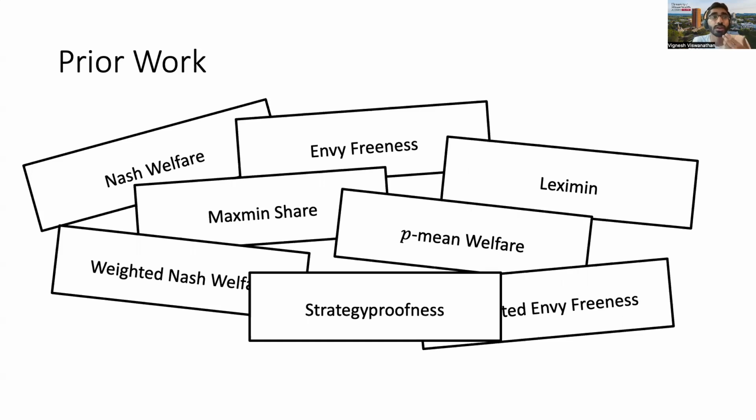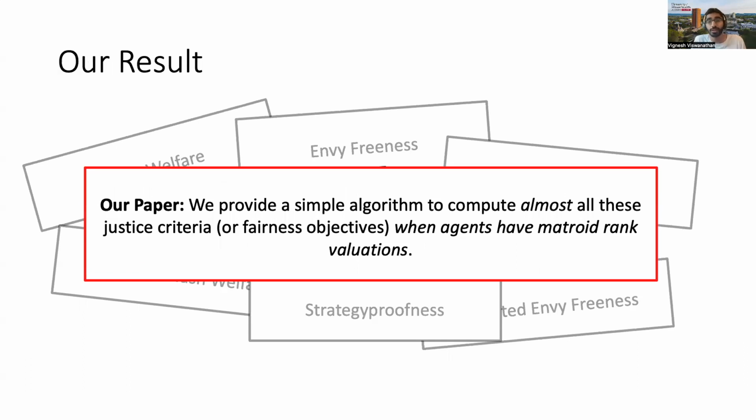There are so many different fairness objectives or justice criteria that you can optimize for in the fair allocation literature. What we do in this work, and this is really the cool part of our work, is provide a reasonably simple algorithm to compute allocations that satisfy almost all these justice criteria or fairness objectives. Obviously, not at the same time, because that would be impossible, but our algorithm allows you to choose which justice criteria you want to maximize, and then it simply does it, which is the main contribution of our work.